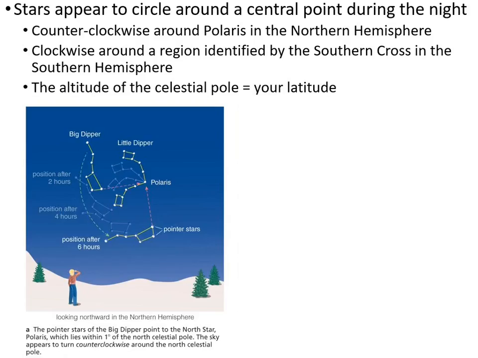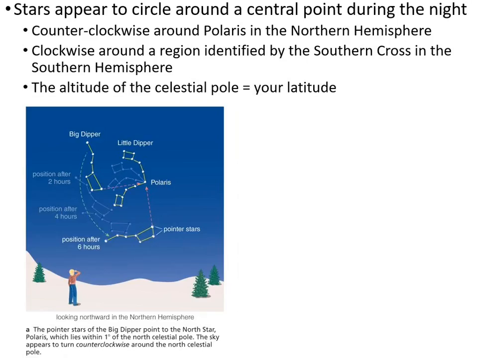If you're at the equator, what angle does Polaris make with the horizon? Where is Polaris if you're at the equator? If you're at the equator, Polaris is right on the horizon. So what angle is that? 0, yeah. So if you get confused, think of those two extremes.